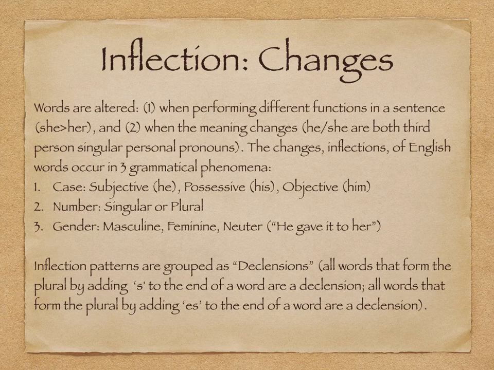Greek is a language, as Mounce notes, that has inflections or changes. Words are altered when performing different functions in a sentence or when meaning actually changes. And you can see this especially with a third person singular noun.